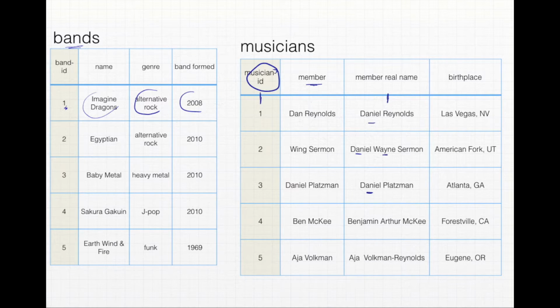You can imagine other information, birthday, when they were born, all sorts of information there. So let's see what we need to do to connect these two, because bands have multiple members, multiple musicians, and Dan Reynolds, for example, is in both the band Imagine Dragons and this band Egyptian. So let's see how we can fix that.